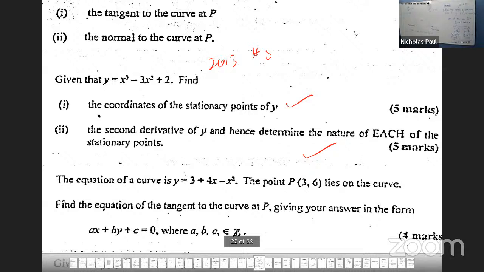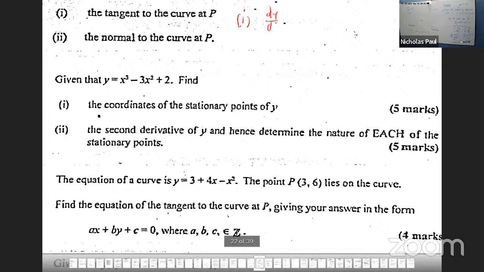Alright, let's go. Let's see what you got. So part one, they have the coordinates of the stationary points.